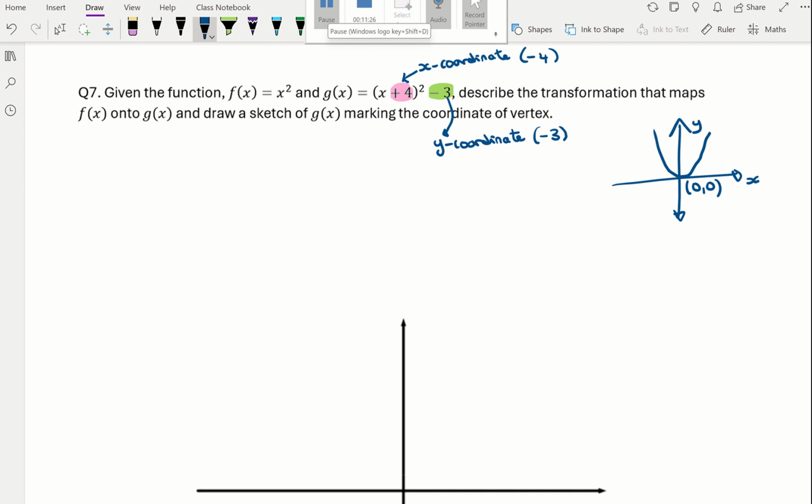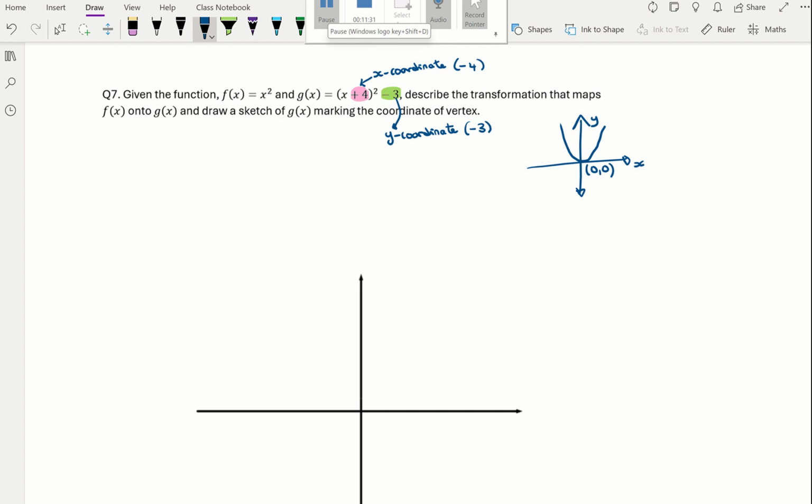So you're going to have a coordinate for the turning point that's going to be somewhere there. So negative 4, negative 3. And it says marking the coordinate of the vertex, and the vertex is the turning point.